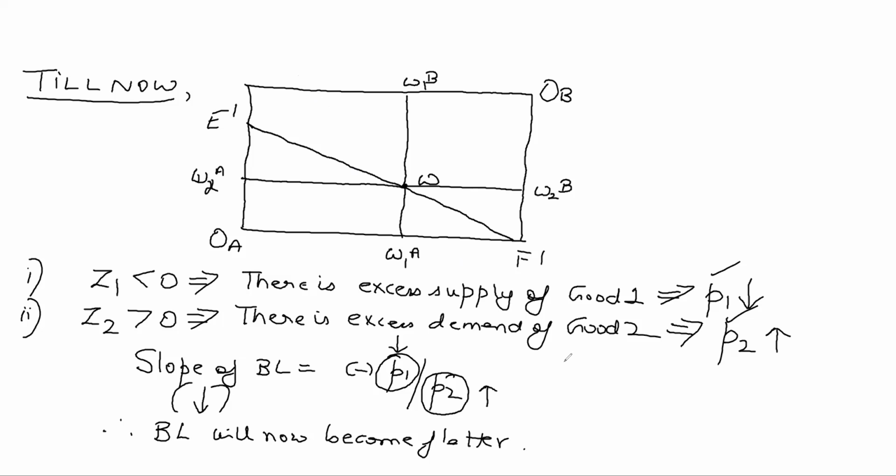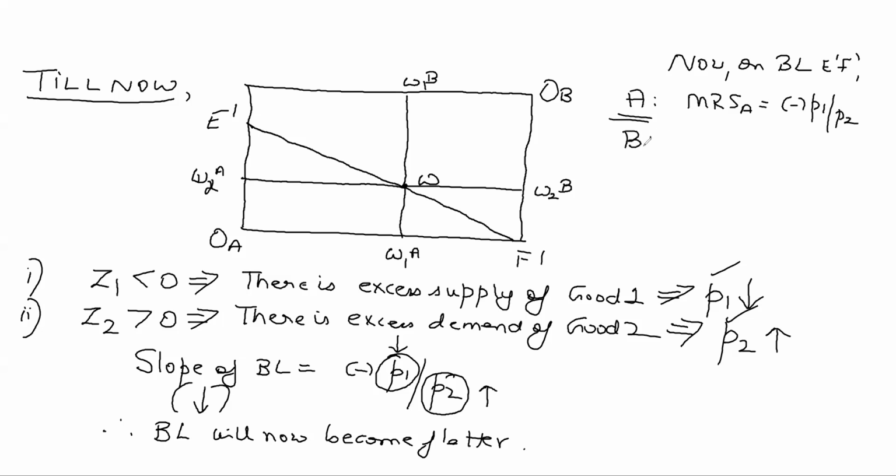And on the budget line E dash F dash, where will agent A consume? Agent A will consume where MRS of A is equal to the slope of the budget line, minus P1 by P2. And where will agent B consume?